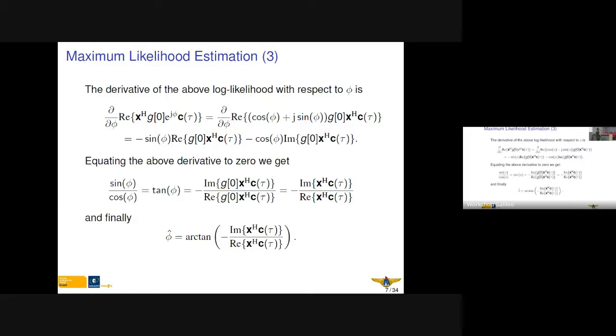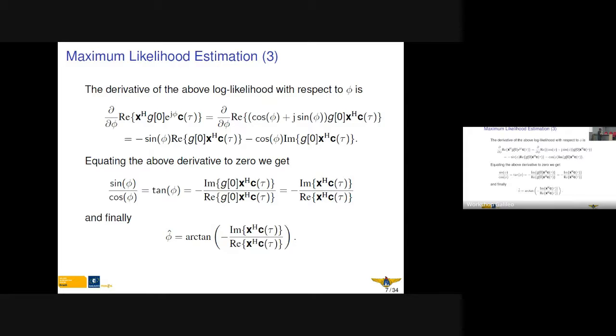If we want to extract the phase here, then we have the tangent of the phase is equivalent to the imaginary part of the cross correlation x Hermitian C divided by the real part of the cross correlation of x Hermitian C, and we take the negative of that.